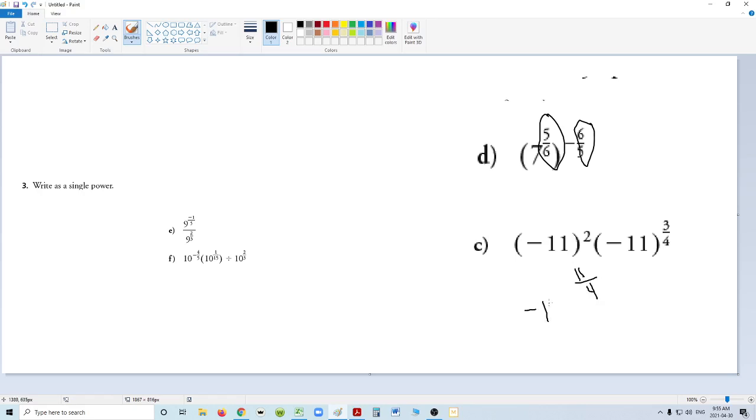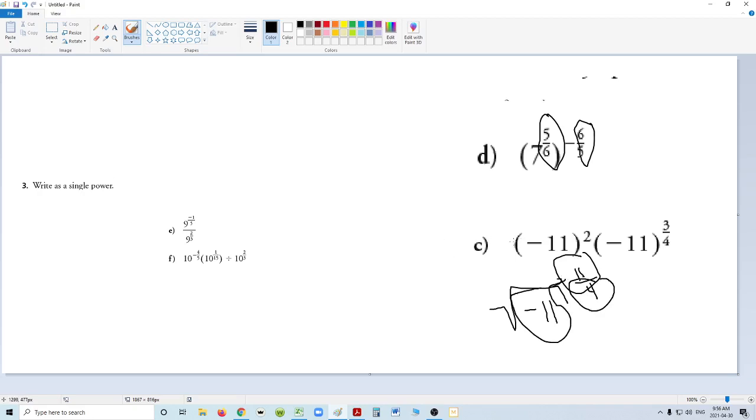And I got minus 11 to that. Now obviously, minus 11 can't have a 4 root. So I question the logic of this. Technically maybe we have to take it to the 11 first, but even so, it'll stay negative and it won't have a solution.